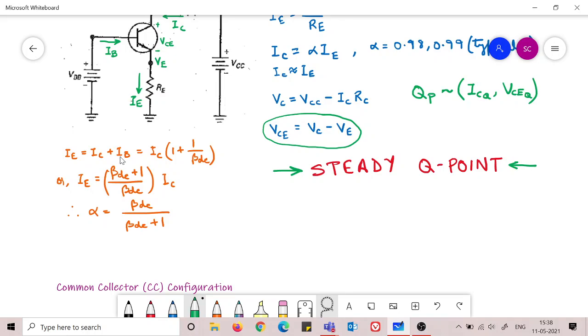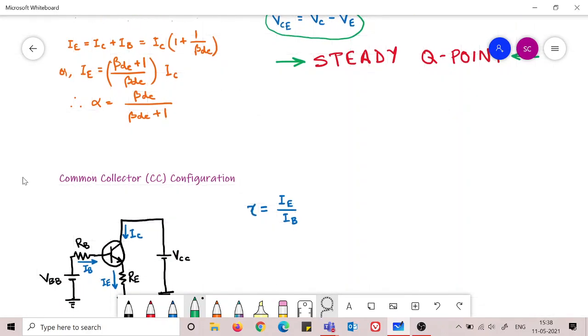IE equals IC plus IB, this relationship we know, and here we simply replace the IB with IC by beta, and then we do some rearrangement of the terms and we get alpha as beta by beta plus 1. So this is the formula.